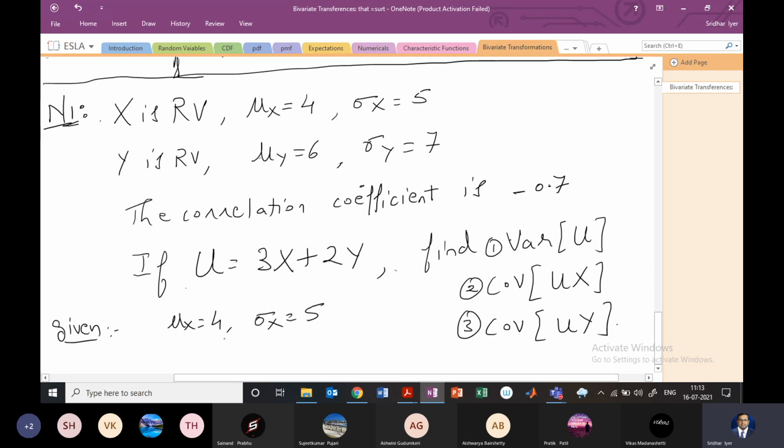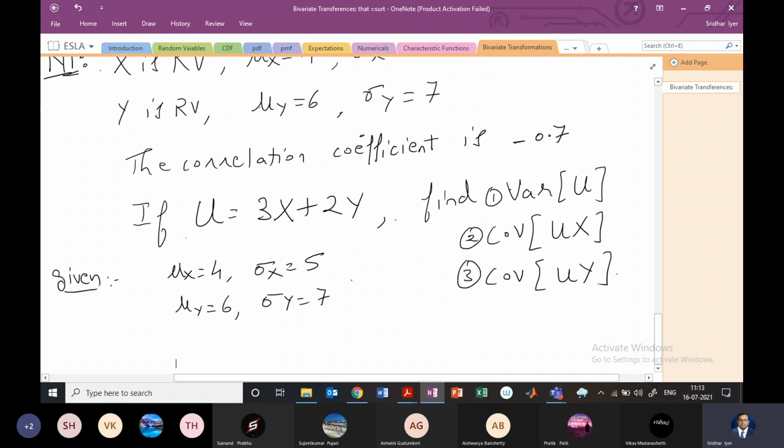Sigma x is 5. Please again note sigma x is given, not sigma square x. So we need to be very careful there. Because usually our tendency is to deal with variance in this course, but sometimes they'll just give you standard deviation. Mu y is 6 and sigma y is 7.